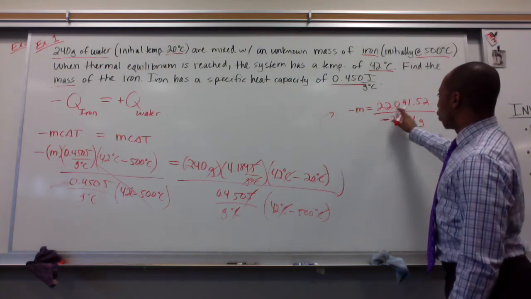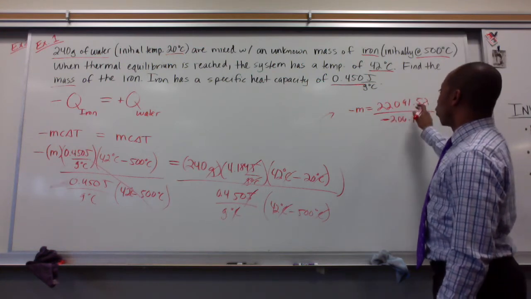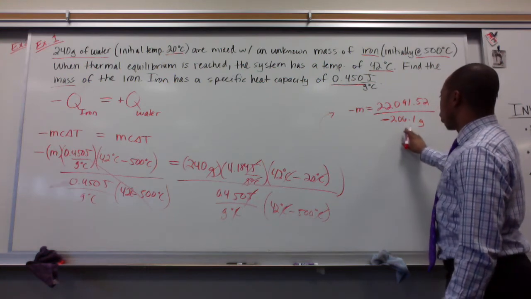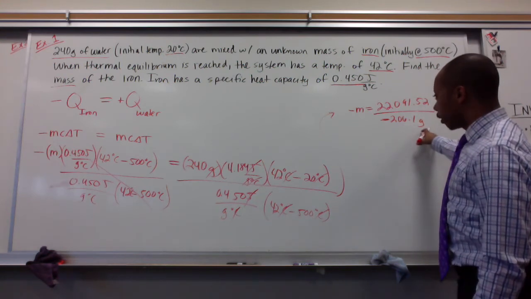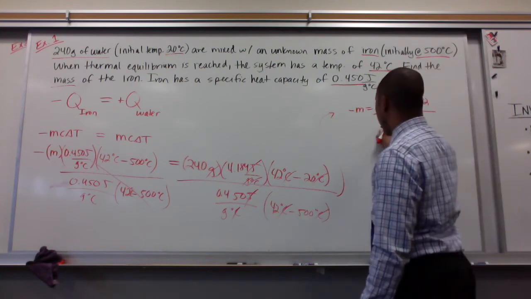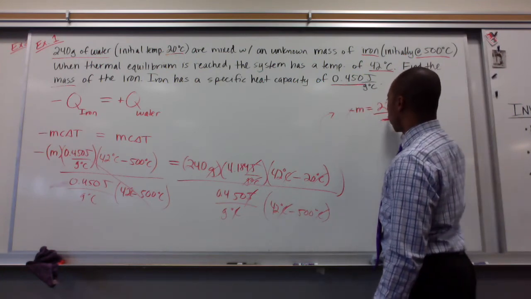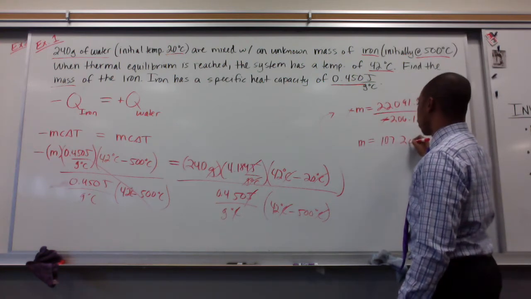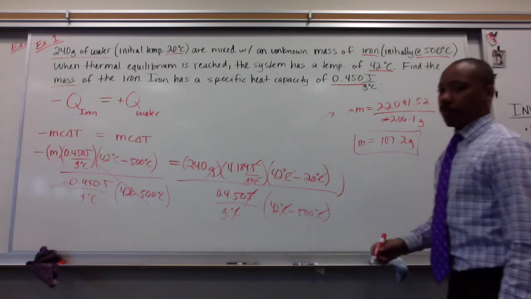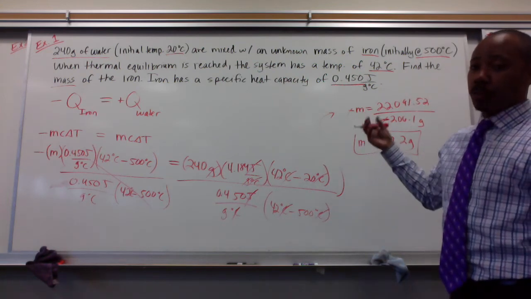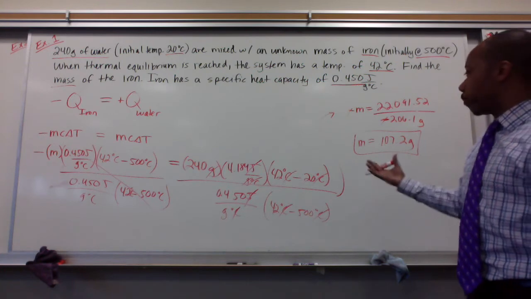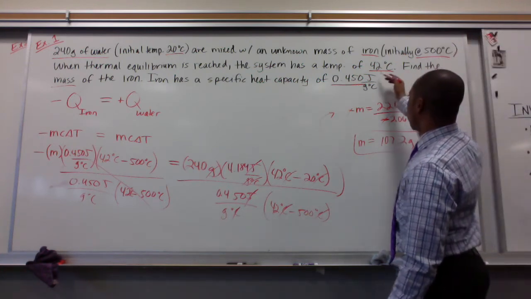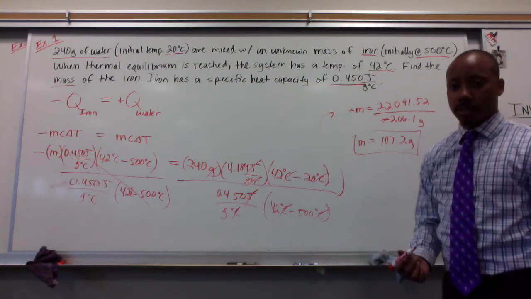So 22,091.52 unitless up here divided by 206.1 grams. Negative is going to cancel with that negative. Mass is going to be equal to 107.2 grams. So the mass of iron that you put into that water was 107.2 grams, and that caused a temperature change from 500 to 42 degrees Celsius.